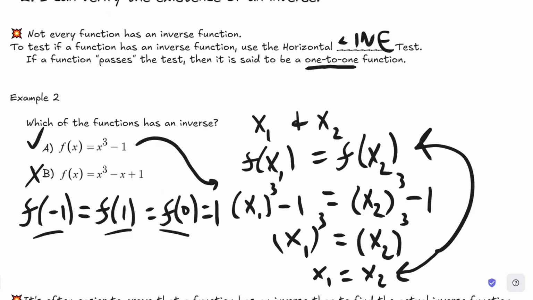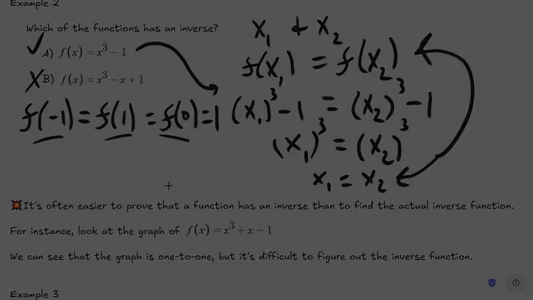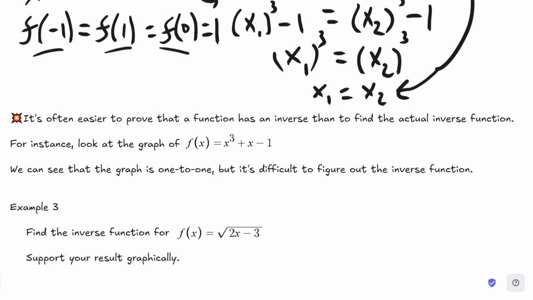So this function is not going to have an inverse because it's not one-to-one. One-to-one basically means for each x value, there's only one y value, and for each y value, there's only one x value. So this can get a little bit tedious, and often it's easier to prove that a function has an inverse than to find the actual inverse function.